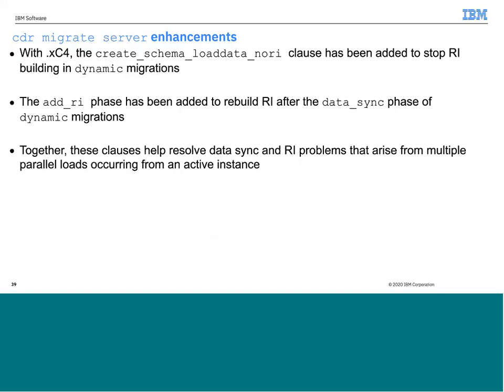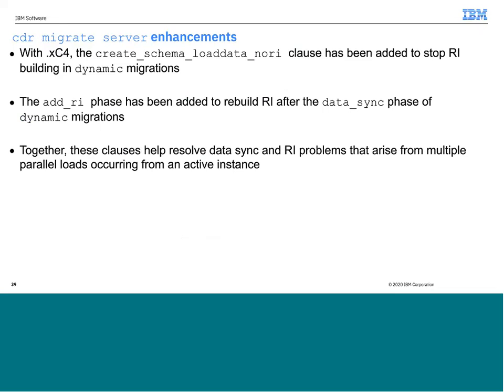So what we have now in XC4 is a new phase: Create schema, load data, no referential constraint. And what this does is it stops the building of referential constraints during dynamic migrations. And the add RI phase has been added as well, that you would run after the data sync phase of a dynamic migration.